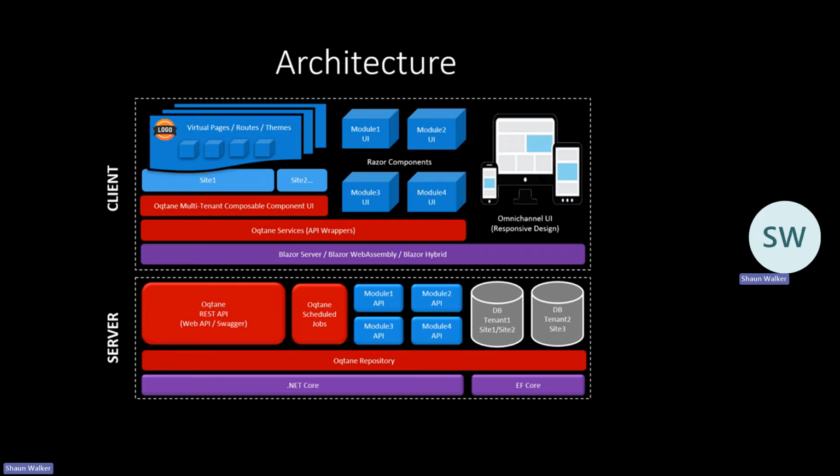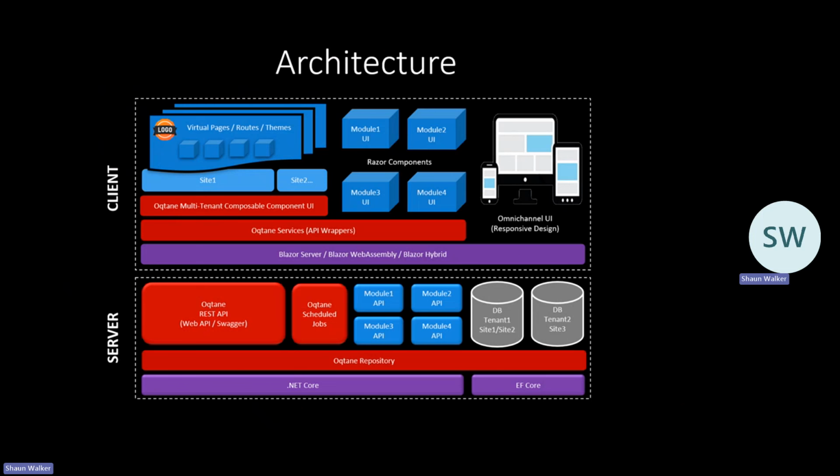It has a robust headless API layer as well. And because it is a client-server application, it needs to have an API. That API is also paired with Swagger for testing and other benefits.